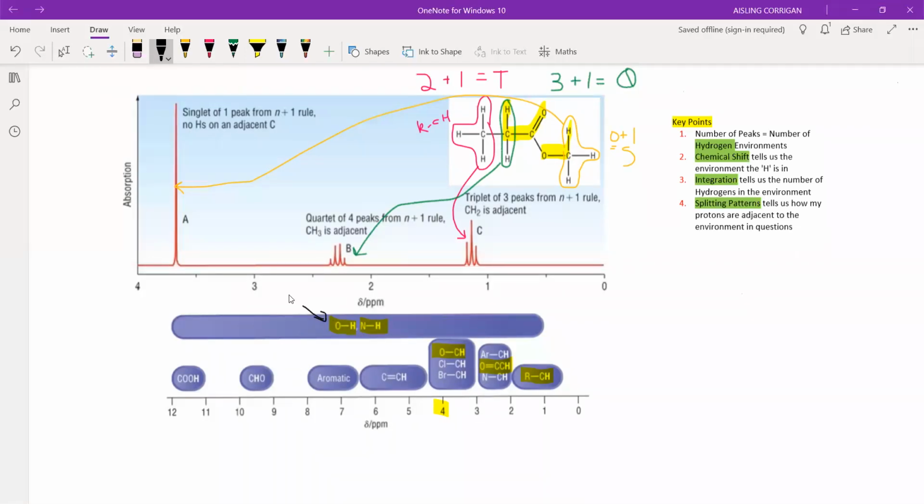And there is an interesting test. There is a test that's done that you can confirm this. Now, you don't need to know it, but it's called a D2O shake.